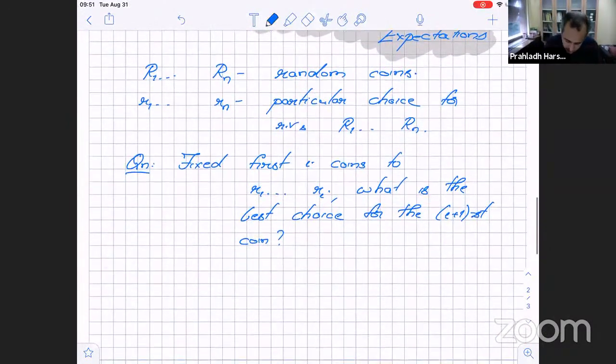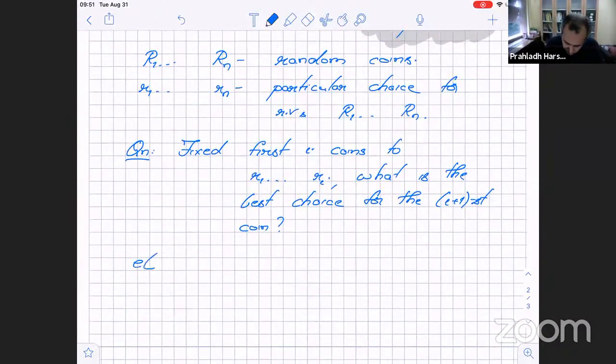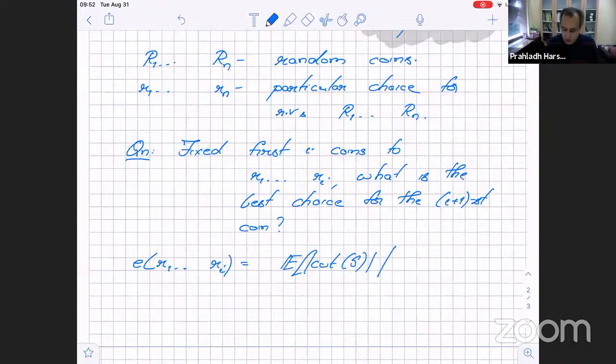So let's define this quantity E(R1, ..., Ri) as the expected value of the cut conditioned on the first coin being R1, the second coin being R2, and so on up to the i-th coin being Ri.